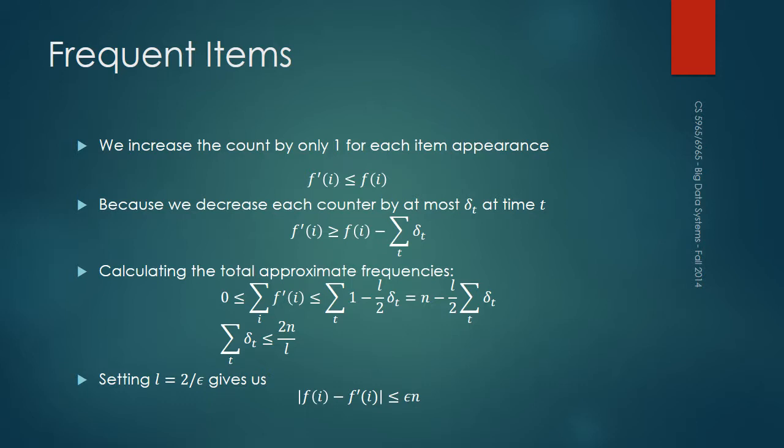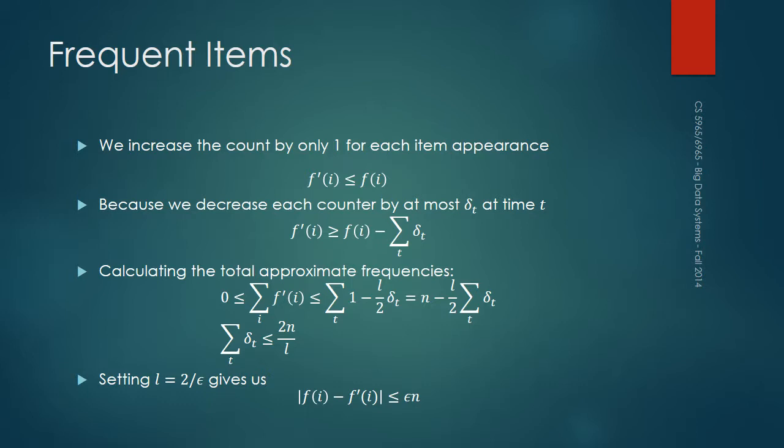So you either participated in all subtractions or maybe some less than that. And that's why f prime i is greater than or equal to f i minus all the subtractions. This is all the subtractions at all time. Fine? Is it clear?